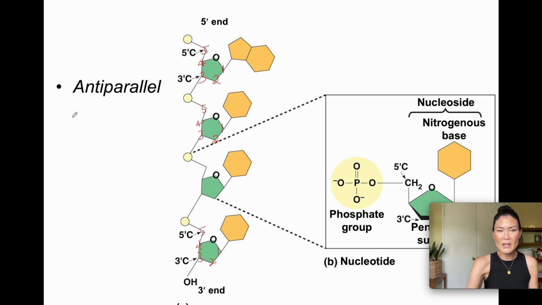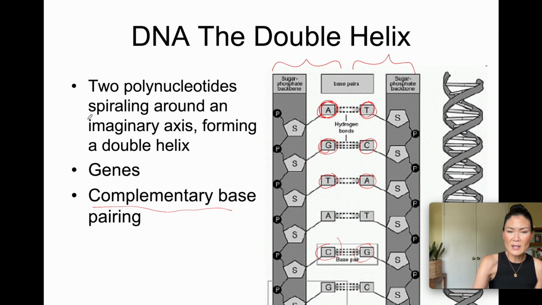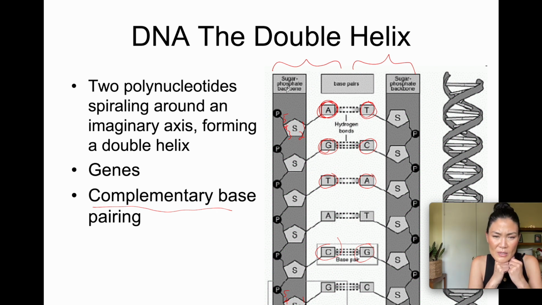When we say the anti-parallel nature of DNA, let me go back here. This is carbon 1, 2, 3, 4, 5, and then down here, 1, 2, 3, 4, 5. Anti-parallel means that the two strands of DNA are parallel, side by side, but anti means they're going in opposite directions.